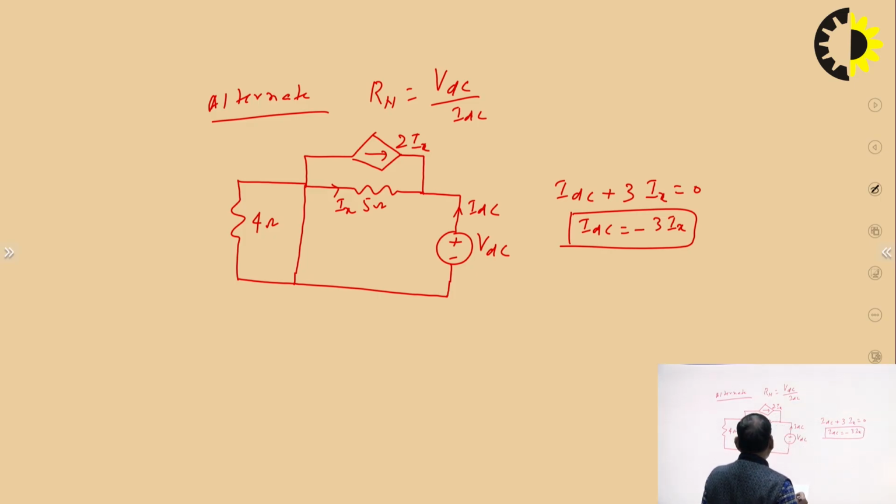And this Ix, now look at this Ix, this is like this. So this is the short circuit across 4 ohm. So the circuit is like this.